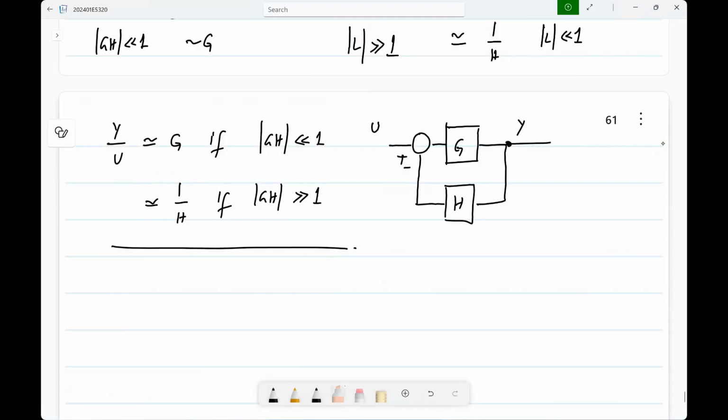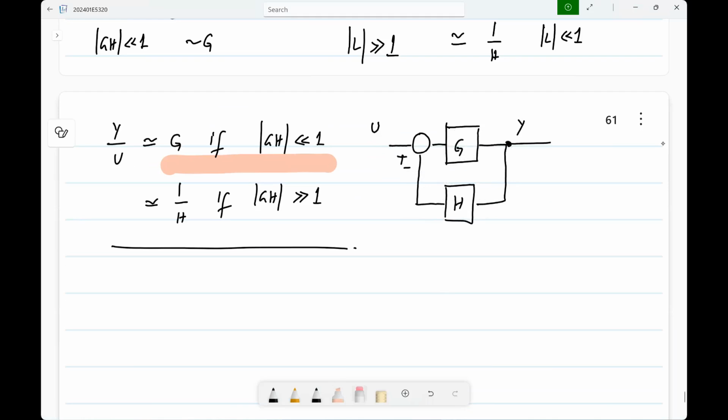First, maybe this is easier. What is the interpretation of that? Basically what it says is, it's not enough to have some wire coming back from that side to this side. There has to be a significant signal coming back. If GH is much smaller than 1, it's as though the feedback is not there. Simply you get U times G equals Y, that's all. You have only the forward path. So this is what happens when the loop gain is much smaller than 1.